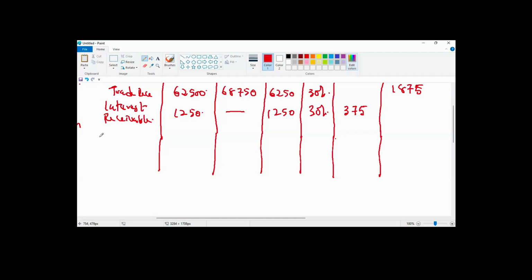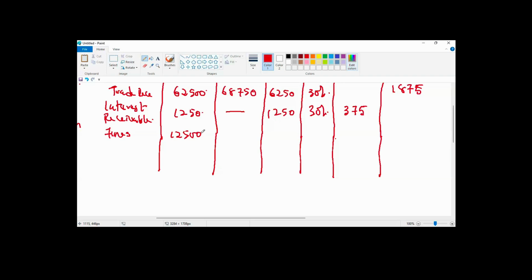Now the question for review. Under payable, we have fines. Fines is 12,500. What do they say about fines? Fines are not tax deductible.